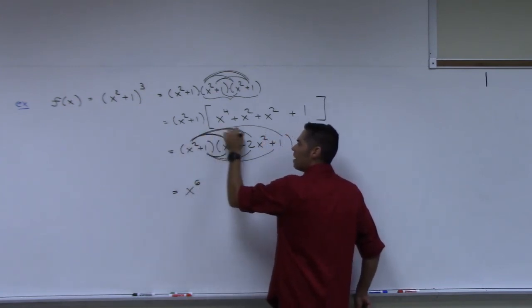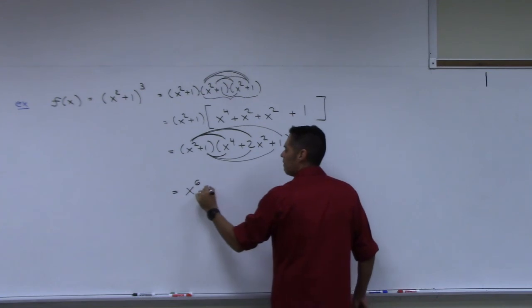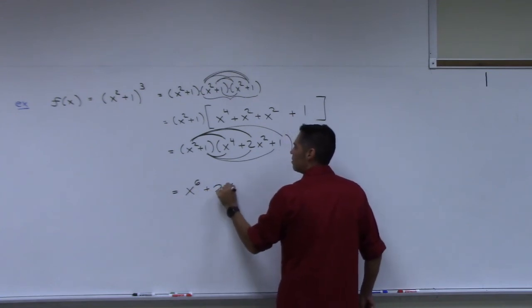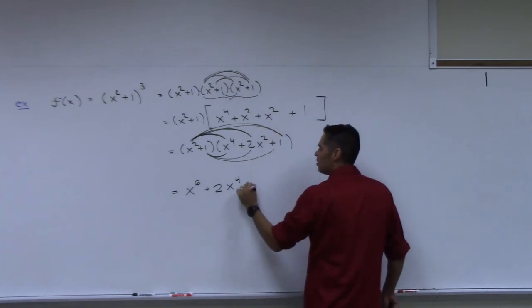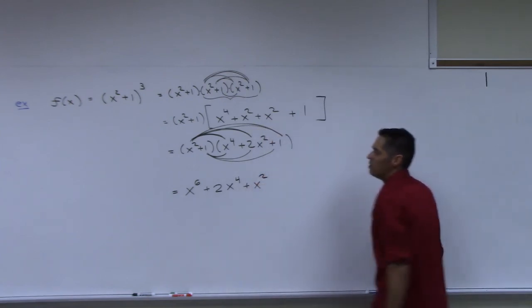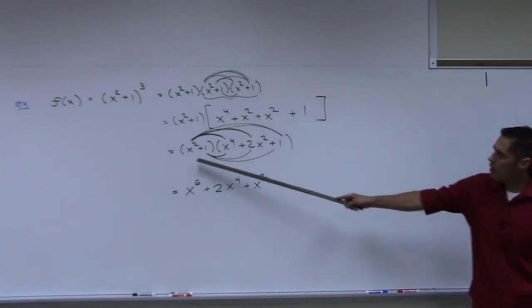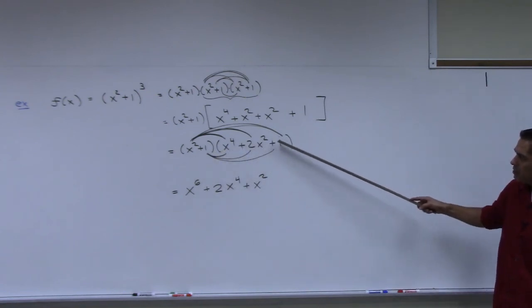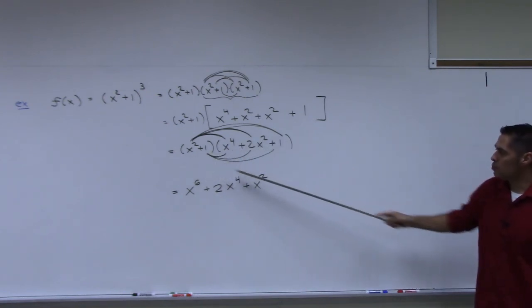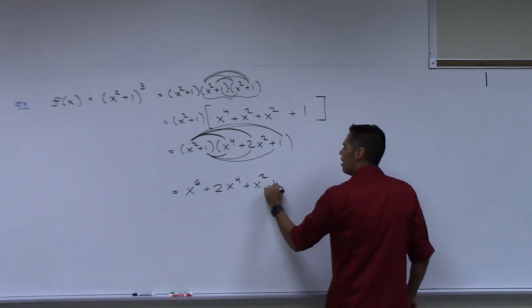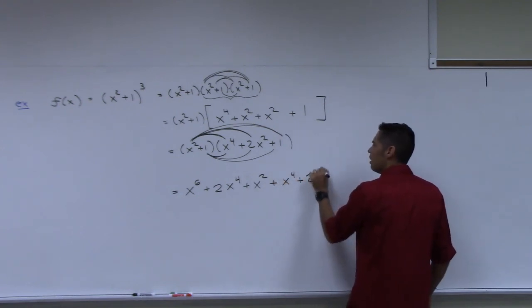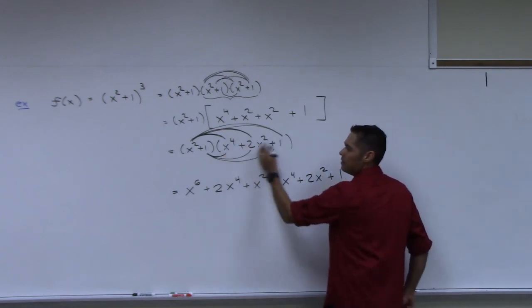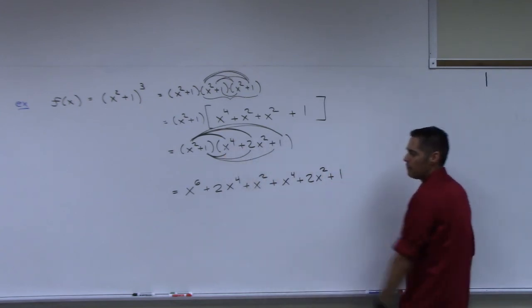Then x squared times 2x squared is going to be 2x to the 4th. And then x squared times 1, which is just x squared. So that's your x squared passed through to each of these. And now the 1 through to each one. So the 1 being distributed through just kind of gives you a duplicate copy of these 3 right there.